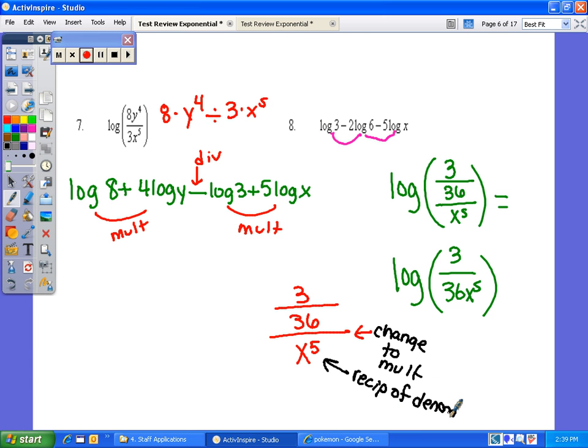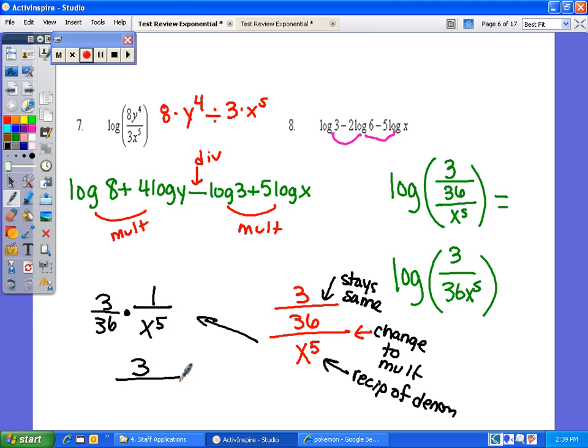So if I change this fraction bar to multiplication, that becomes that. The top stays the same. This should be refreshing your memory. And then the reciprocal of x to the fifth is 1 over x to the fifth. Meaning if I multiply across, I get 3 over 36x to the fifth, which is why that's my answer.